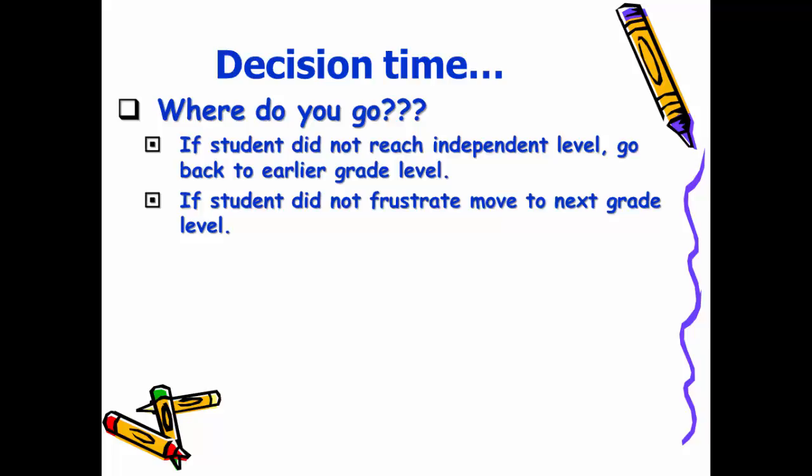Now here we're going to talk a little common sense. If you're testing a 7th grader, and the highest score of 100 that the student had was at third grade, and you go and test the third grade, there's no need to go down to second and first if the student is frustrated.